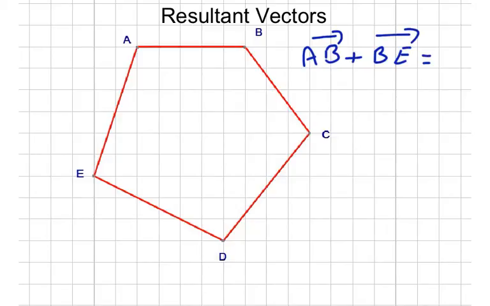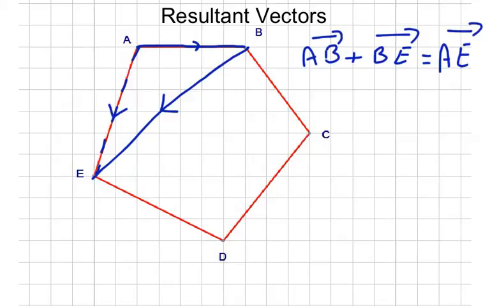To work that out, we start at A, we go along to B, and then we go from B to E, which is that vector there. The shortcut way of doing that would be going from A straight down here to E. So the resultant vector is A to E.